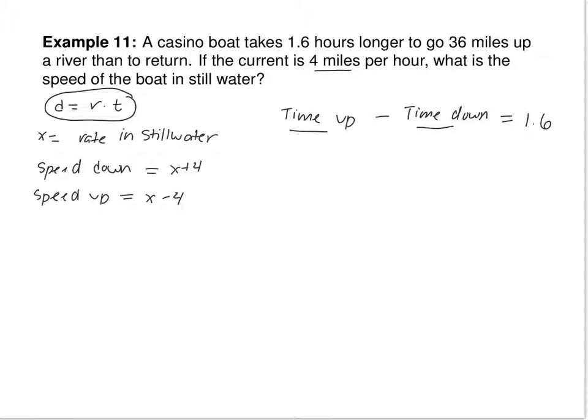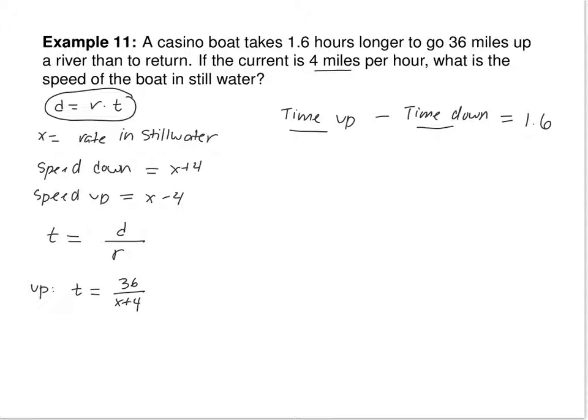If distance is rate times time, then time is equal to distance divided by rate. Does that make sense? Okay. So for going up, does it make sense that time is 36 over x plus 4?